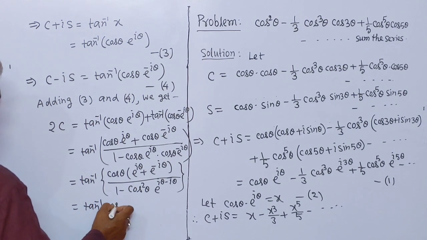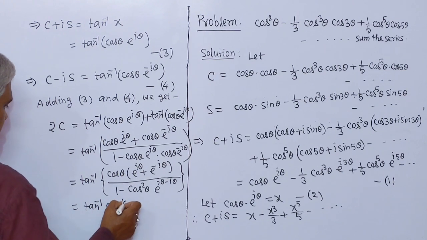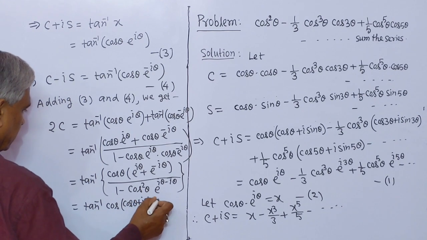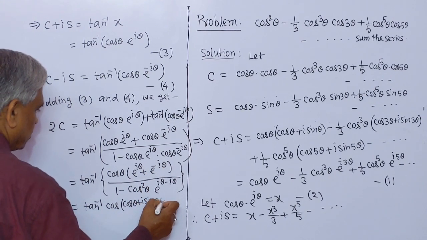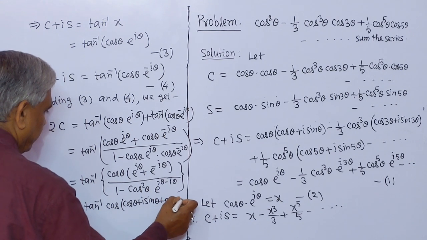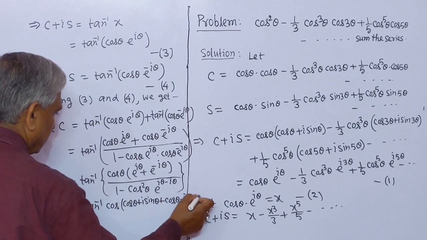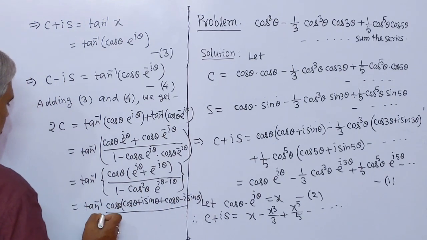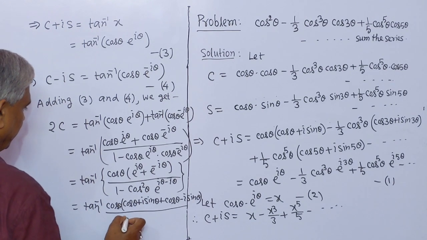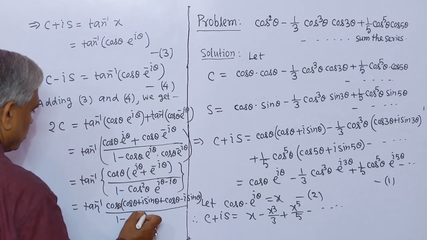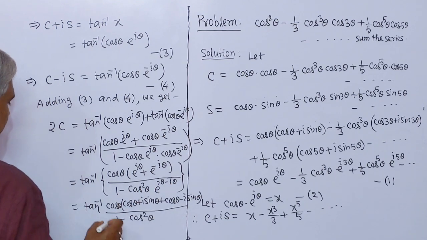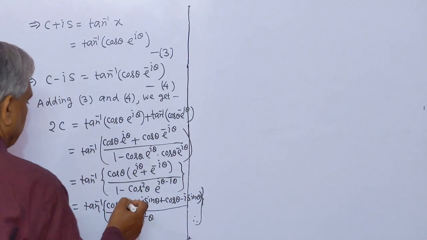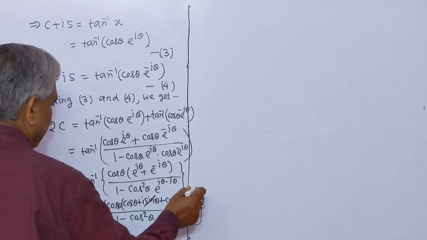Here e to the power i theta is cos theta plus i sin theta, and e to the power minus i theta is cos theta minus i sin theta, by 1 minus cos square theta e to the power 0, which is 1.